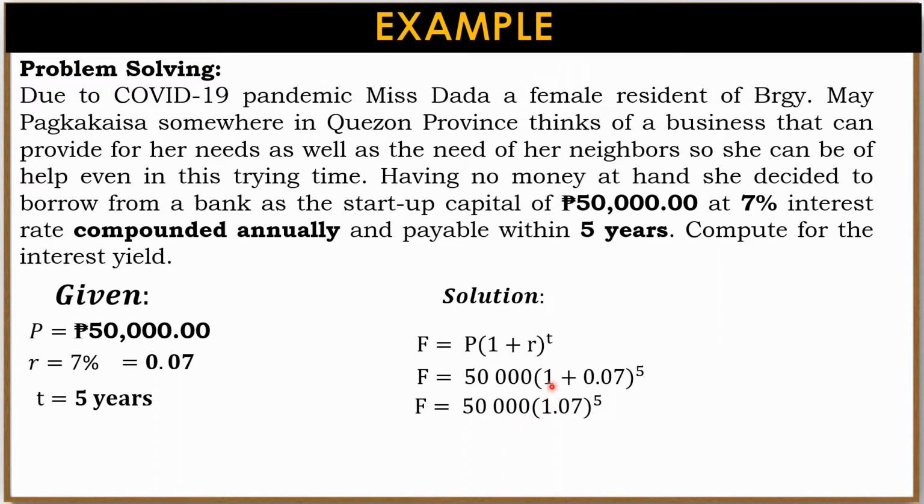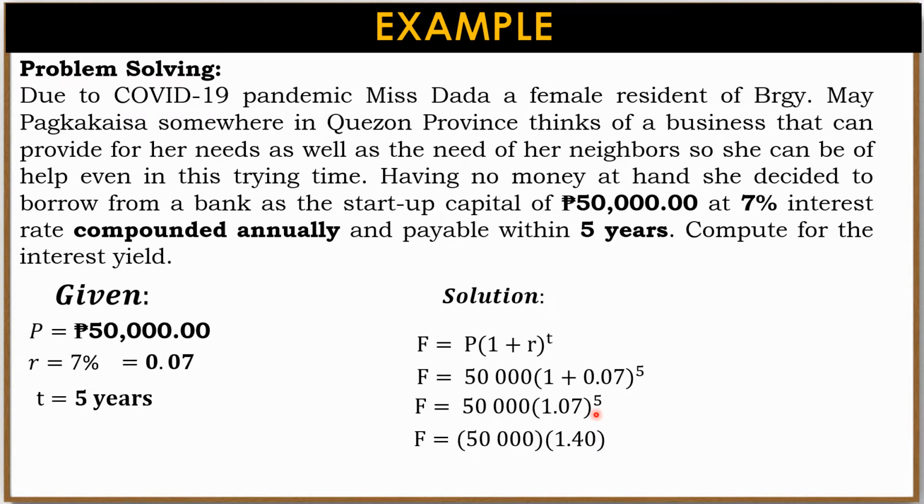So you just add 1 plus 0.07 and we'll have 1.07. First, let us multiply 1.07 five times by itself. So 1.07 times 1.07 times 1.07 times 1.07 times 1.07.